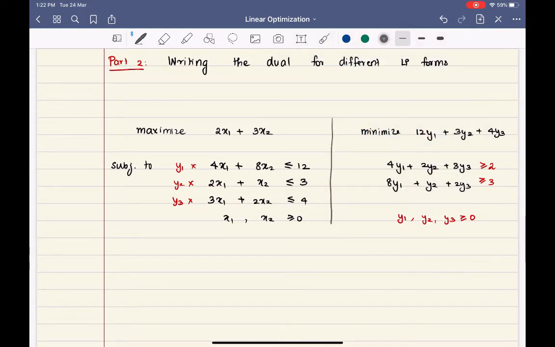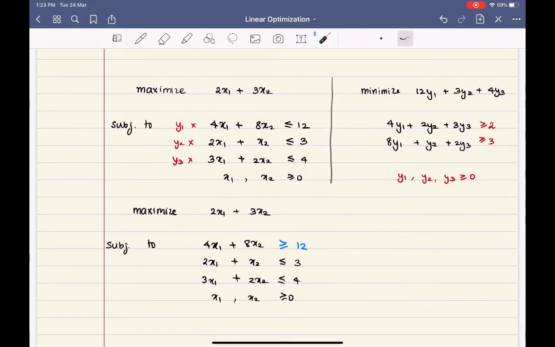Now let's make the first change. Instead of having a less than or equal to, suppose we had a bigger than or equal to. So consider this LP. Here we have bigger than or equal to 12. In order to get the dual, what we could do is multiply this entire thing by minus and rewrite it as minus 4x1 minus 8x2 less than or equal to minus 12, and then do the same thing.